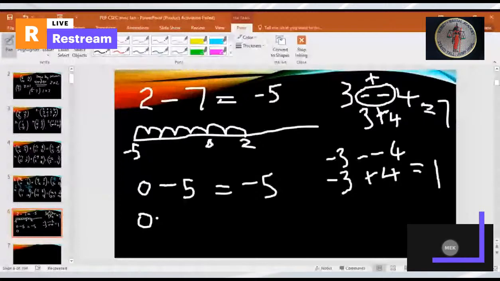So 0 minus negative 5 is the same as 0 plus 5. Bear these things in mind and you'll master matrices. Once you have this down pat, you're good to go.